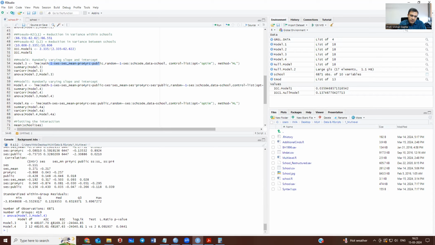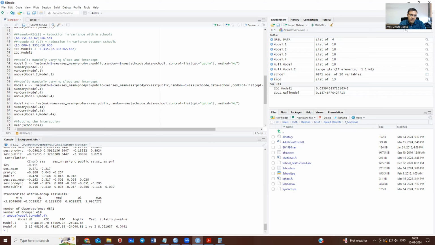We are seeing BIC has increased, AIC has decreased. So in such cases where AIC and BIC show you divergent results, go by what the deviance statistic is telling, and we are seeing that the deviance has reduced, and it is also significant. So we will consider model 4 as a better model.